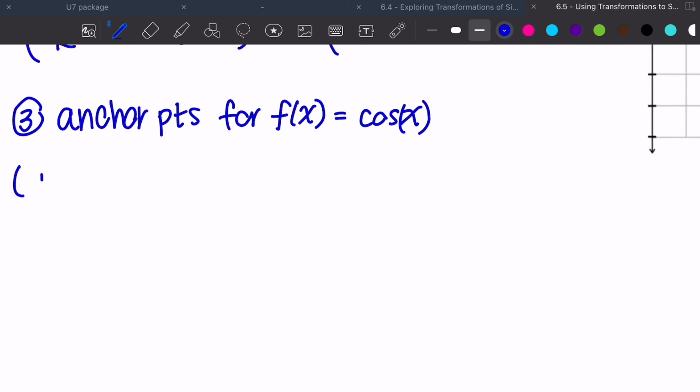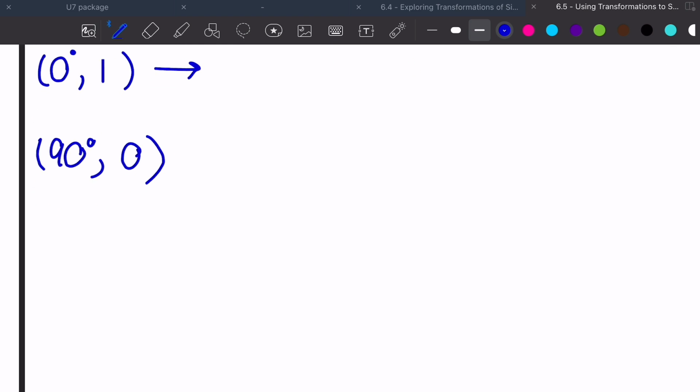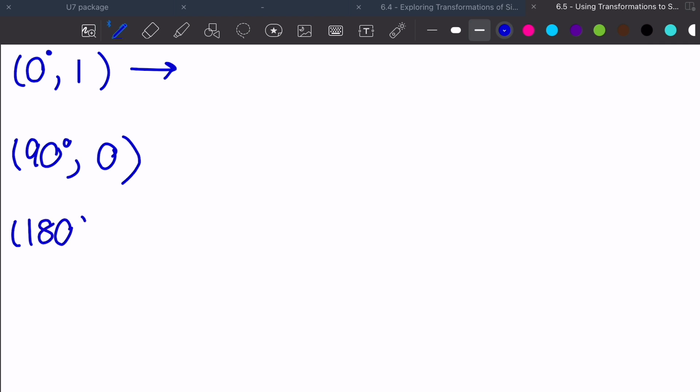So for example, if you plug in 0 and you do cos of 0, you will get 1. So different starting point than sine of x, right? Same thing, I'm going to just keep going, and I'm going to do cos of 90. You will notice that that gives you 0. Same thing, 180. That will give you negative 1.